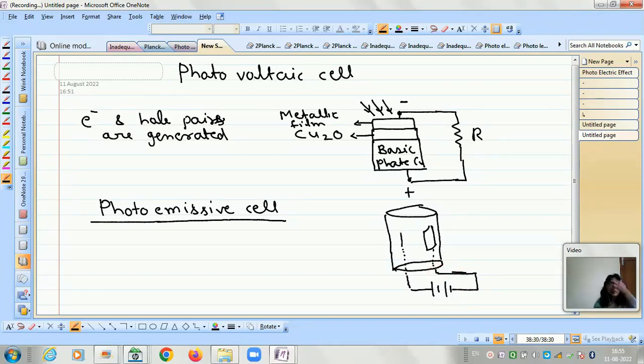If there is a vacuum inside this cylinder, then the photocurrent is proportional to the intensity of the light, and if some inert gas is filled inside this cylinder, then the amount of current is increased, but it is no more proportional to the intensity.